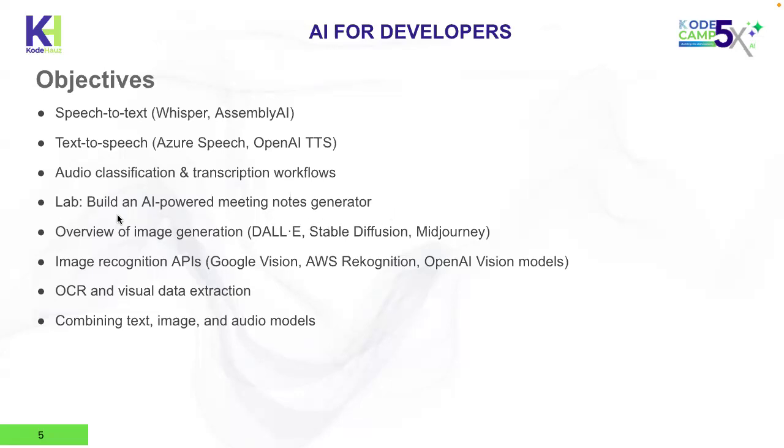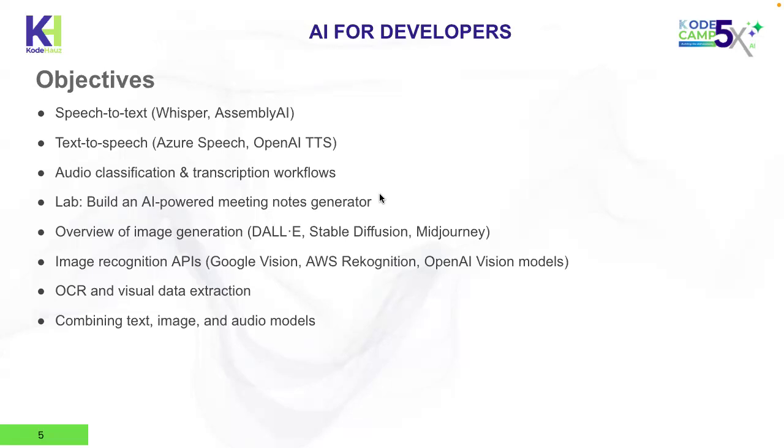Then we'll talk about how we can build an AI-powered meeting notes generator. Basically, this is a speech to text and then text summarization tool. In meetings, it's going to be speech, like what we are doing currently. The meeting notes generator is going to take all the speech, run it as a stream, and pass it through any of these speech models that will generate text.